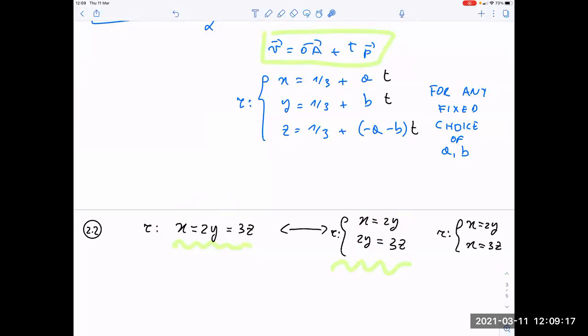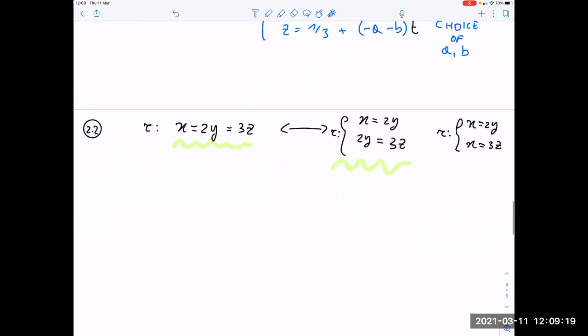That's the only reason. Okay, so we are given this line, and then we are asked to do the following thing. If possible, find a line L on pi.